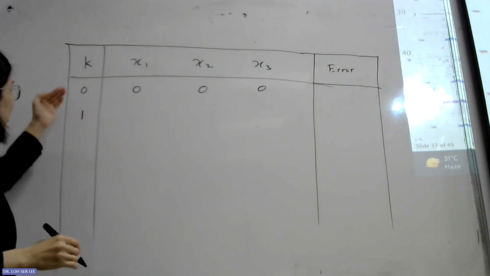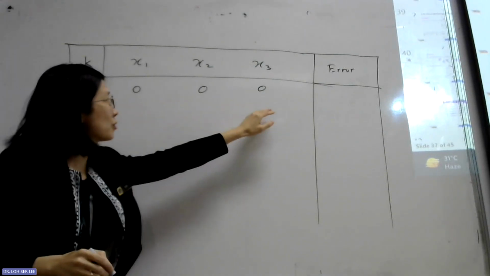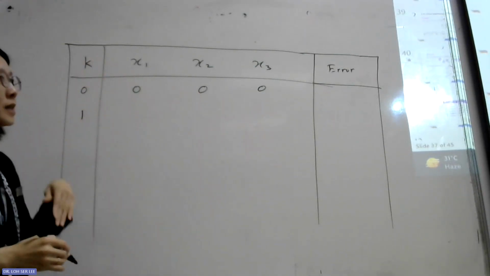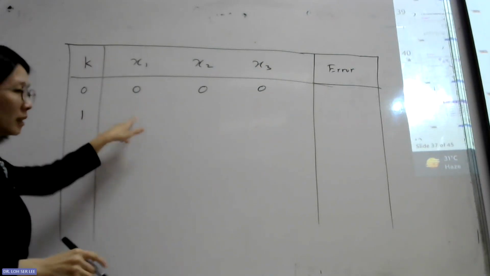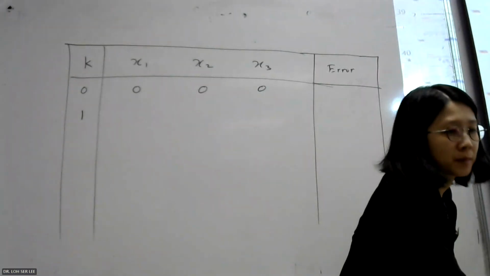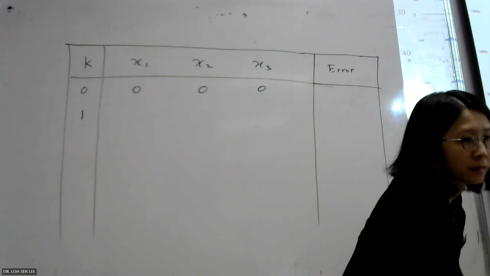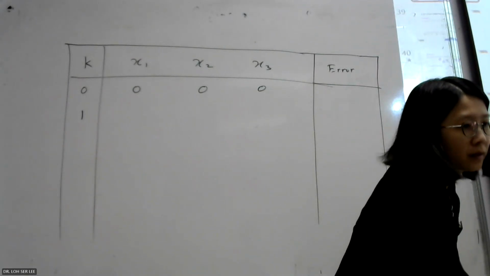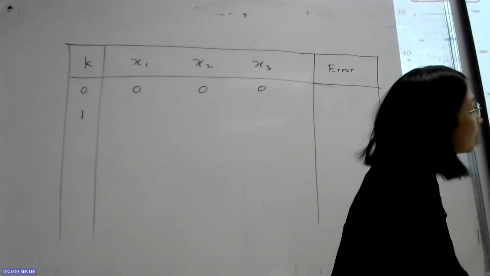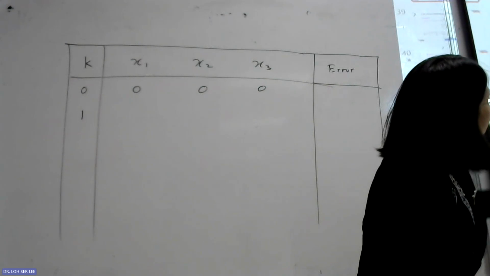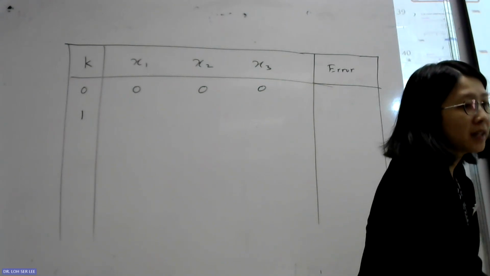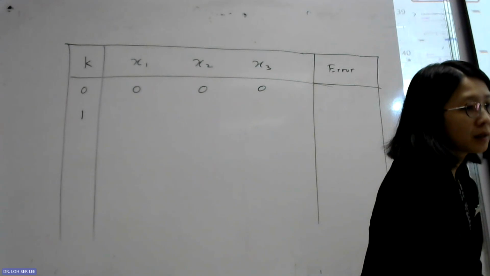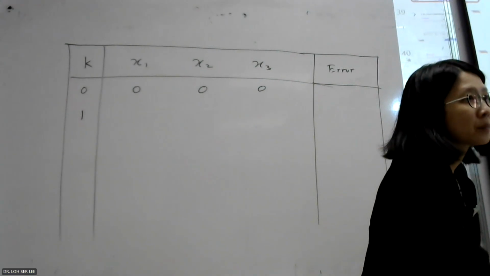So what we need to find is x1, x2, x3 in the next iteration. To get this, you refer to the x1, x2, x3 formulas. To get x1, we need x2 and x3.